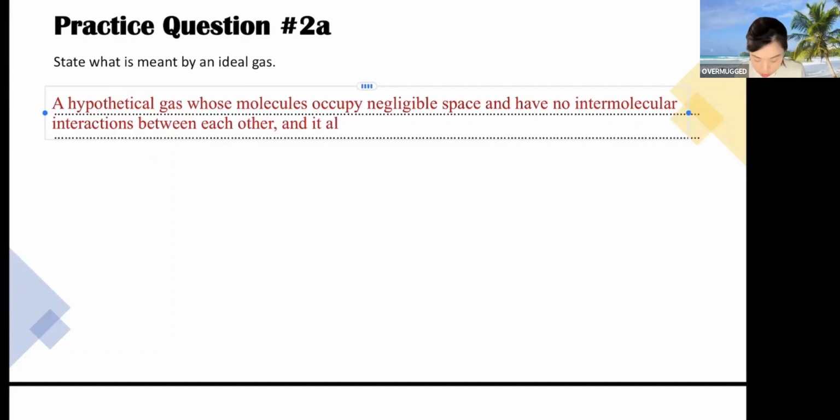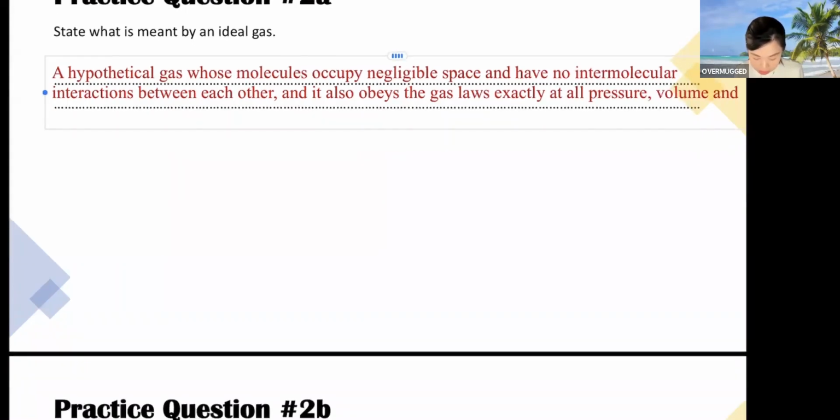And it also obeys the gas laws exactly at all pressure, volume, and temperature. So this is the definition for an ideal gas, and this is what it means when they ask what is an ideal gas.